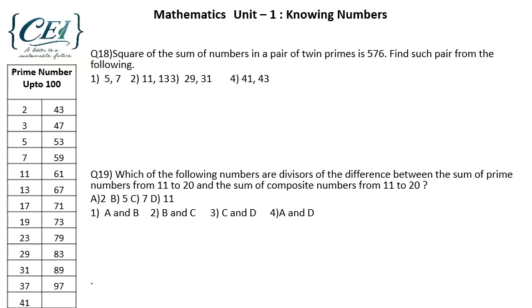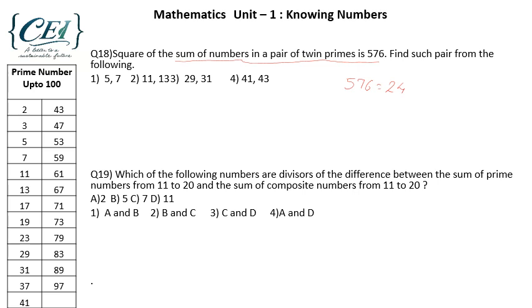Yeah. The next question. The square of a sum of numbers in a pair of twin primes is 576. So what is the square root? The square root of 576 is 24. So the square of 24 is 576.